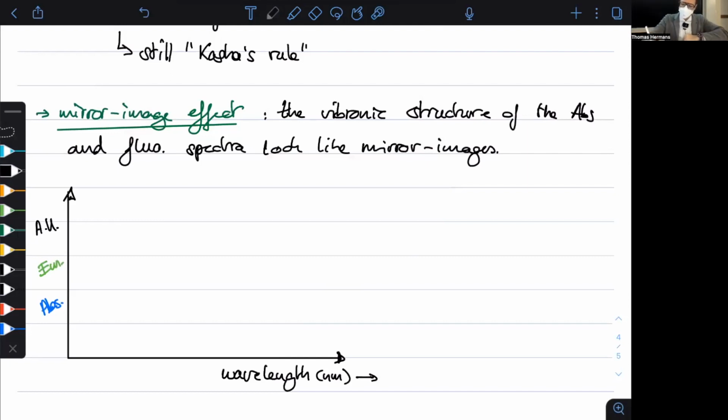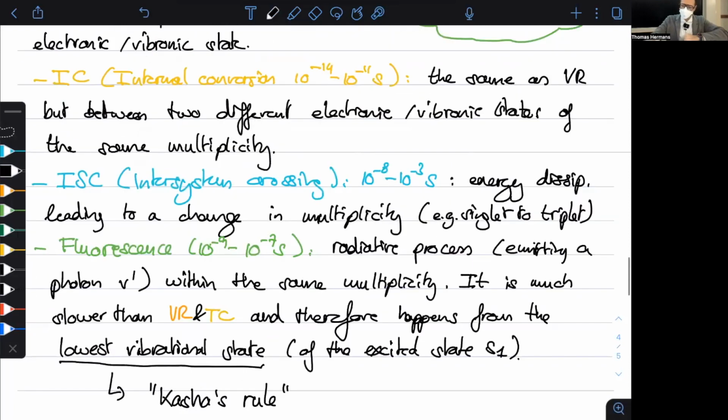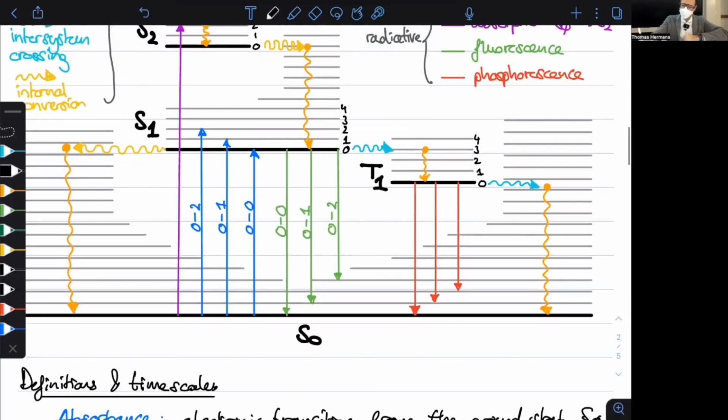Okay, so let's look at these energy levels. We're going to start with the ground state. So this one would be 0,0. The 0,0 transition is this lowest one here, both in absorption and in fluorescence.